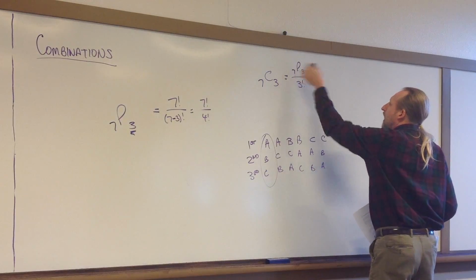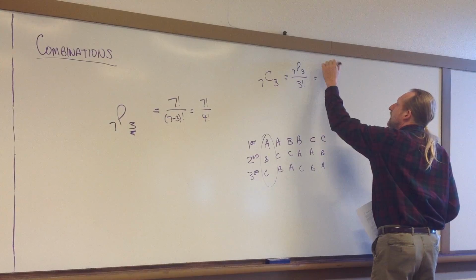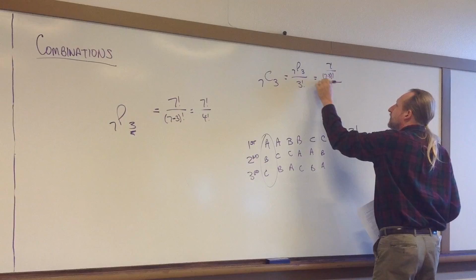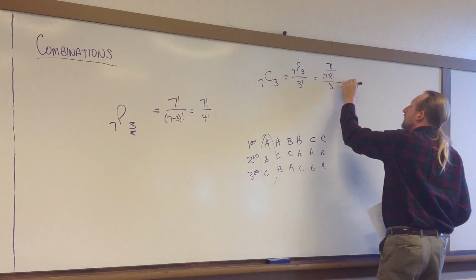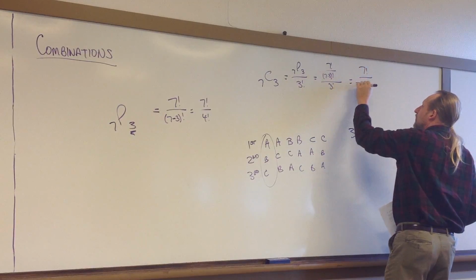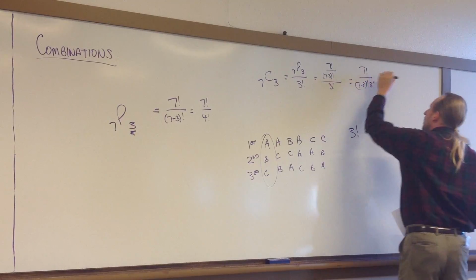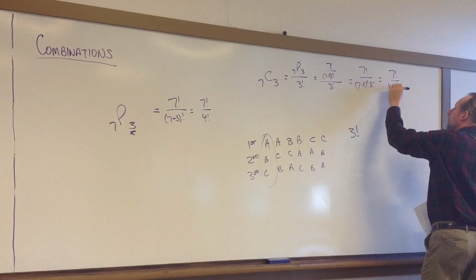And so this 7P3 is again 7 factorial over 7 minus 3 factorial, and then the 3 factorial ends up in the denominator along with the 4 factorial.